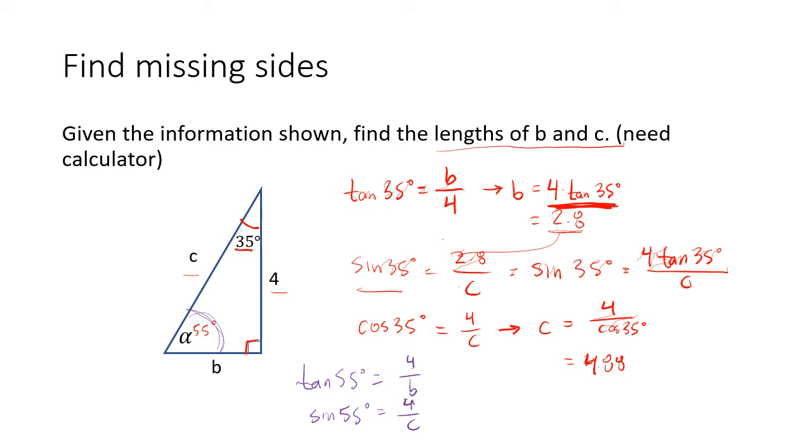Notice something here. If the sine of 55 is equal to 4 divided by c, and the cosine of 35 is equal to 4 divided by c, that means that sine of 55 degrees is equal to the cosine of 35 degrees, which is something we've talked about before, that the cofunctions of complementary angles are equal.